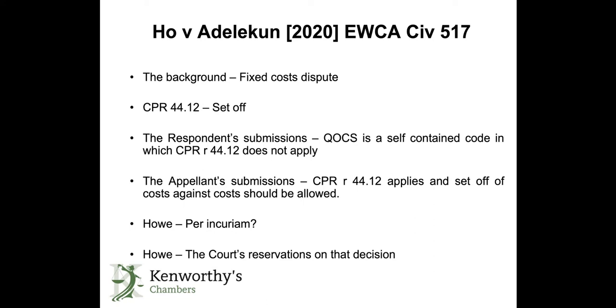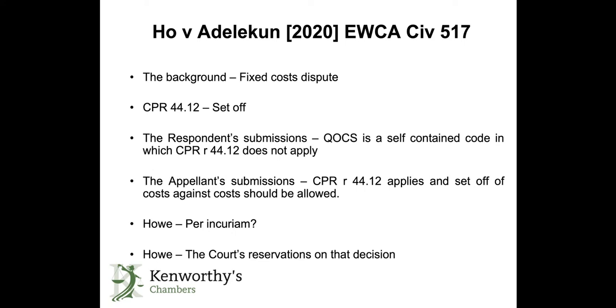Now, the claimant said that Howe had been decided per incuriam, but that, of course, relies upon the claimant being able to demonstrate that there is a contrary rule or a statutory rule or other rule that the court ignored or did not take into account at the time the decision was made, and the Court of Appeal was against the claimant in a finding that the decision was per incuriam.